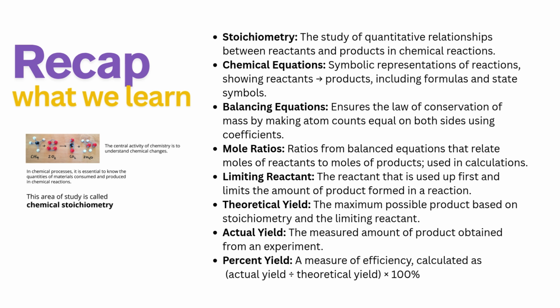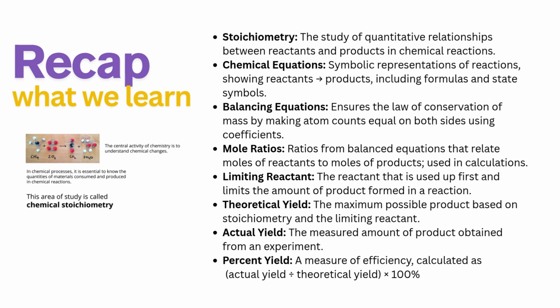Then we shifted to reactions. Chemical equations as the language, and the absolute necessity of balancing them to conserve atoms. And how those coefficients in the balanced equation give us the vital molar ratios, the conversion factors between different substances in a reaction. Which lets us do stoichiometry calculations, using mole ratios, often combined with molar masses, to calculate how much reactant is needed or product is formed, like mass A, moles B, mass B. Then we hit the real-world complication, the limiting reactant, the one that runs out first.